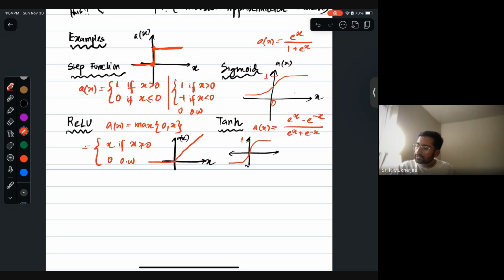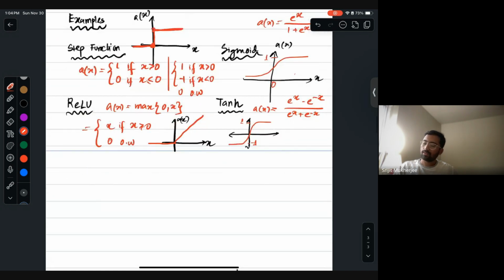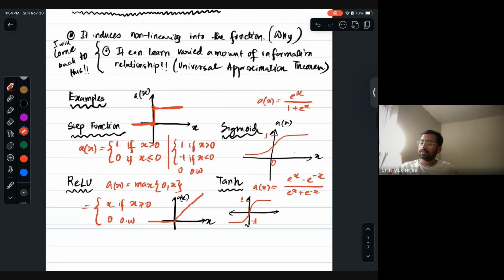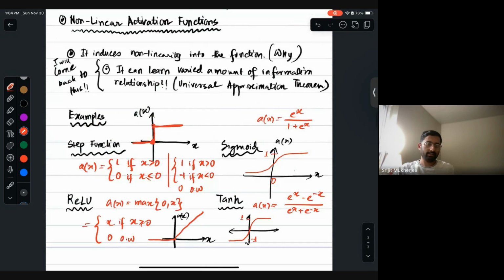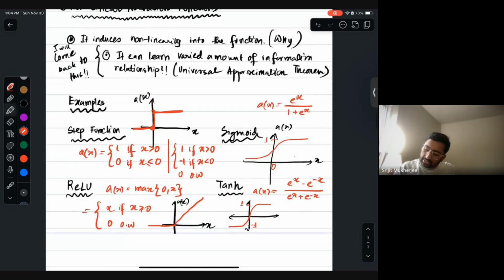So it's 1 and it's minus 1. These are basic examples. But the idea is that there are many other examples like leaky ReLU, etc. But the core idea is to remember that this induces nonlinearity, and we will understand why nonlinearity is important.